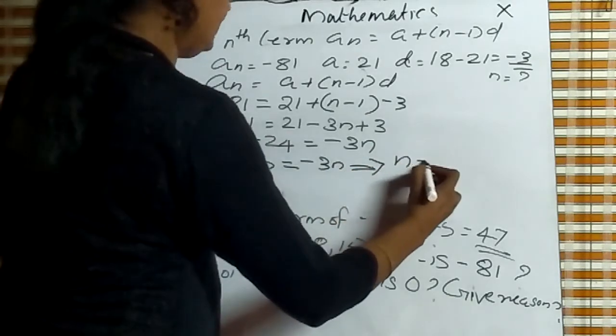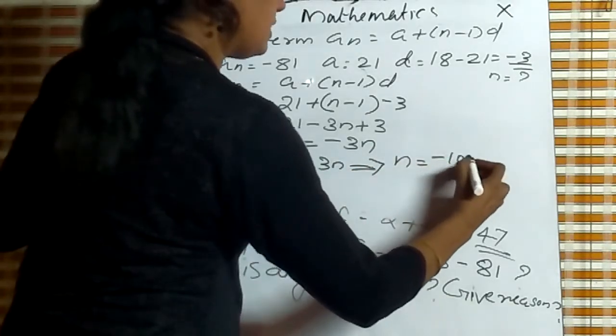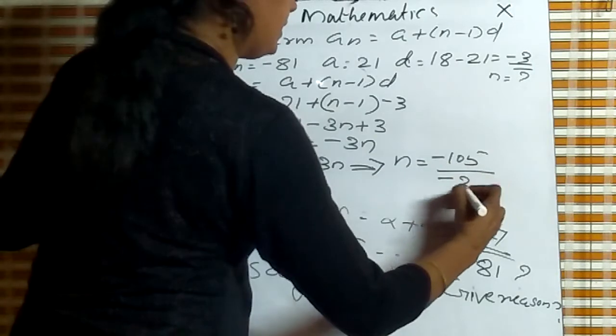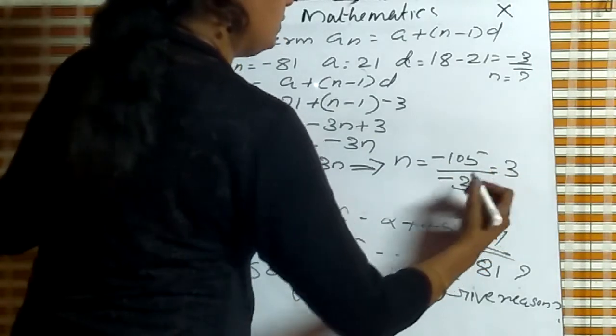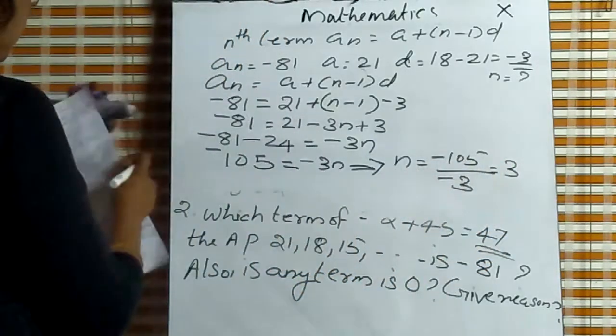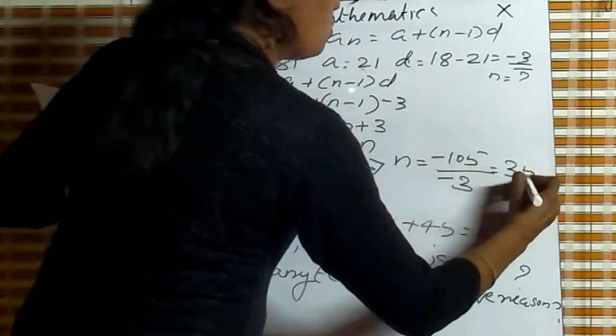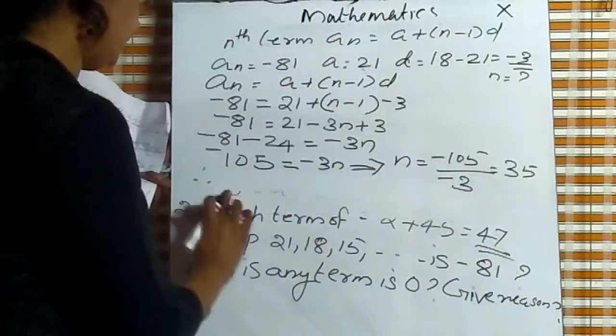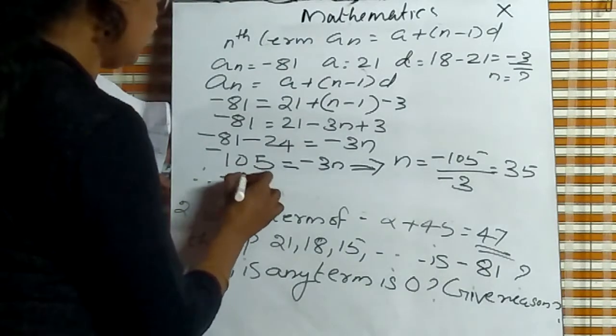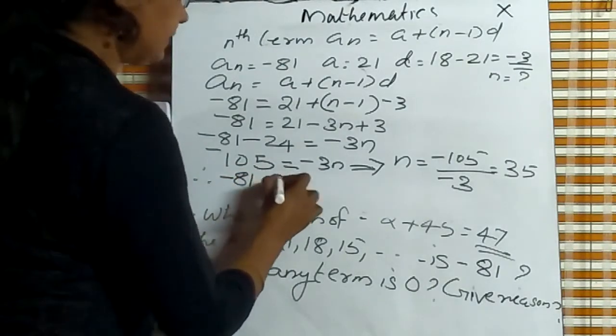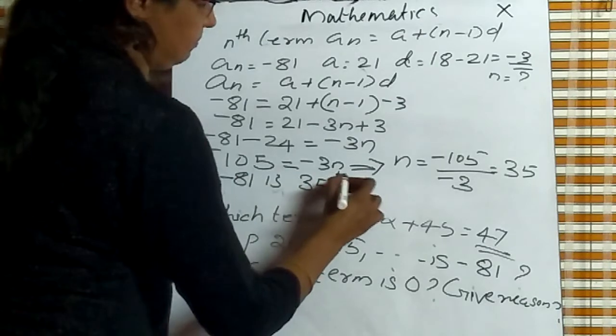Implies n is equal to minus 105 divided by minus 3 is equal to 35.